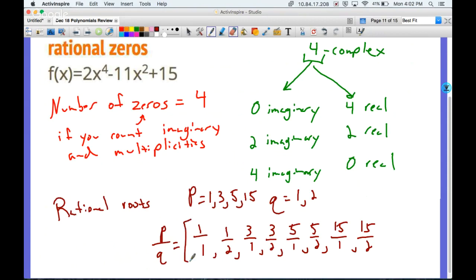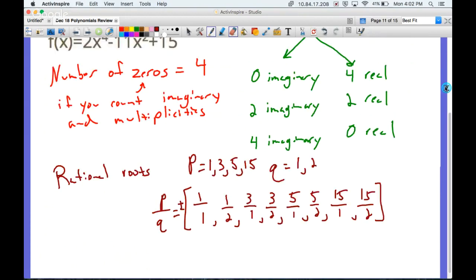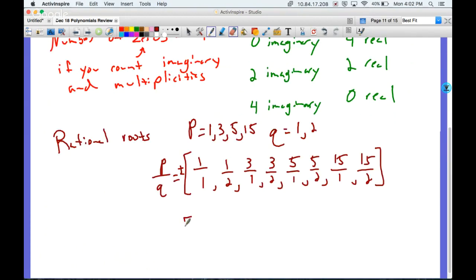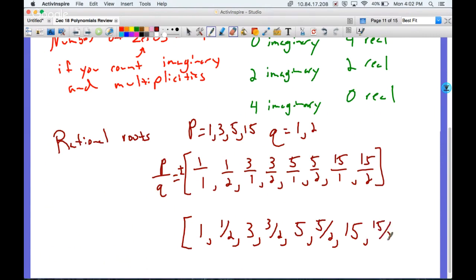And then I want to add a little plus minus at the very front because all of these also have a negative case. All right, let's simplify that down. We've got 1, 1 half, 3, 3 halves, 5, 5 halves, 15, and 15 halves. And they're all plus or minus.